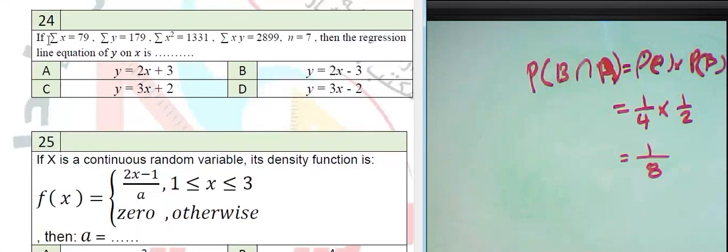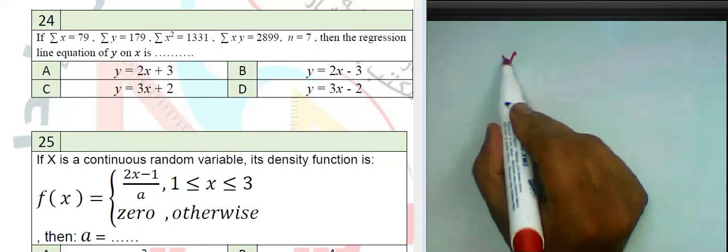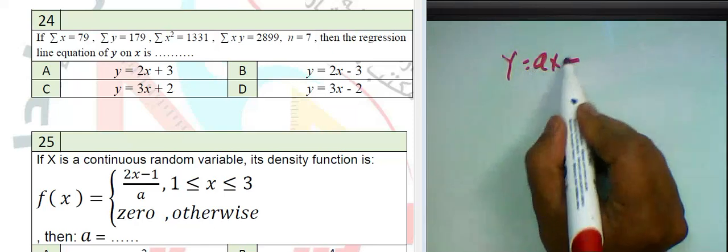Question 24. Summation of x equals 79, summation of y equals 179, summation x square equals 1331, summation xy equals 2899, and the number of elements equals 7. Then the regression line equation of y on x equals what? We know y equals ax plus b.